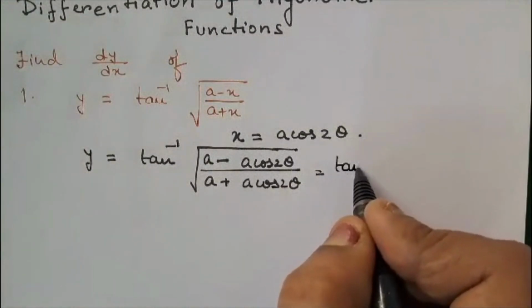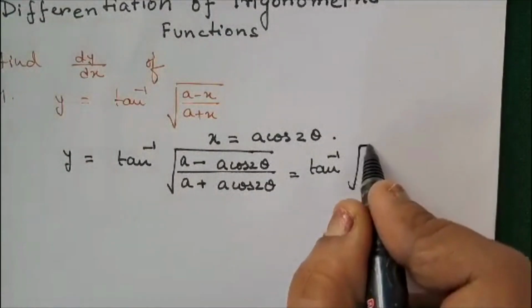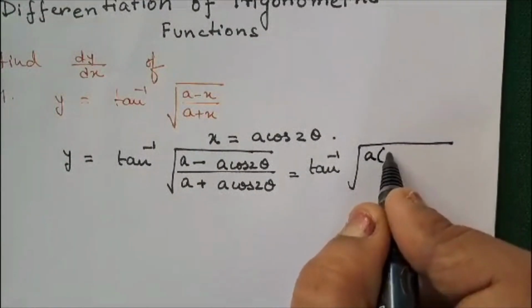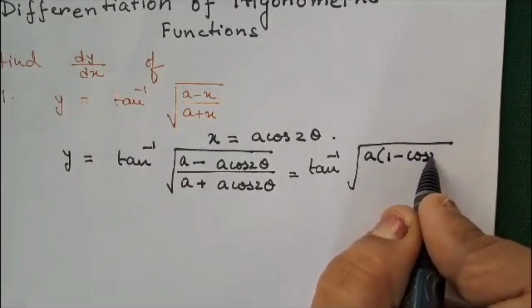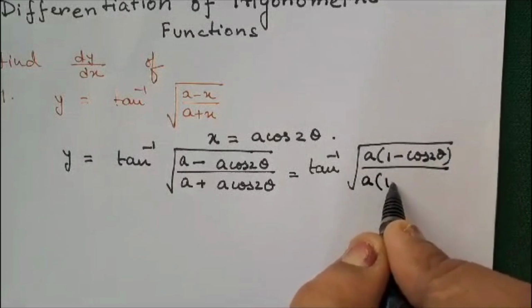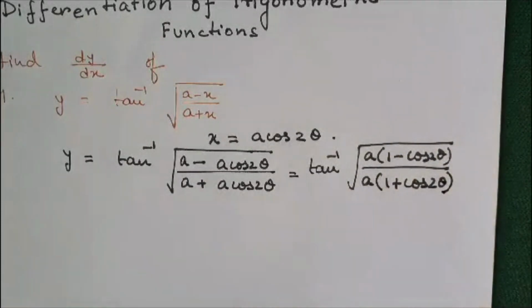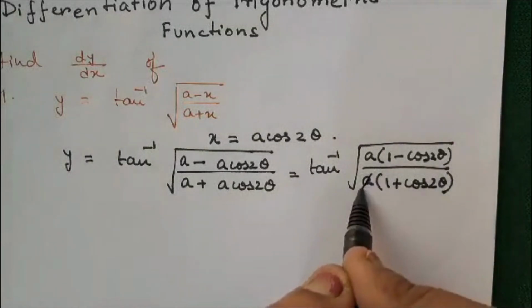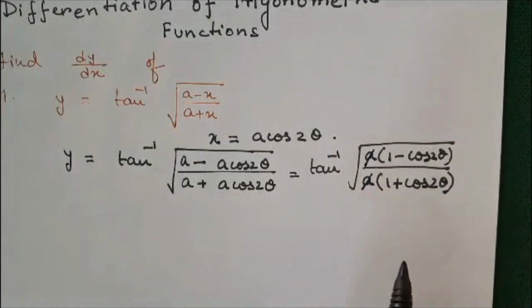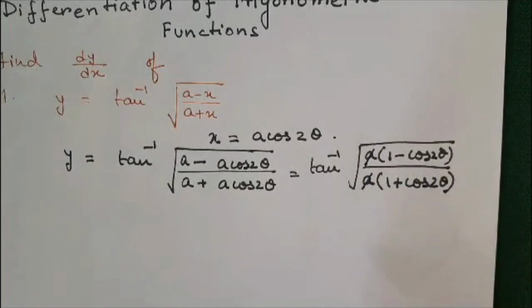Now I am taking a common, so I am getting 1 minus cos 2 theta whole by a into 1 plus cos 2 theta. So your a gets cancelled. Now we know that 1 minus cos 2 theta by 1 plus cos 2 theta is tan square theta.